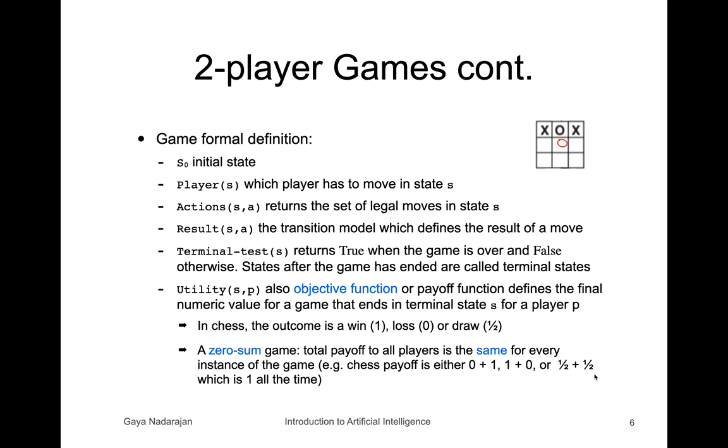That means you drew, you couldn't finish the game, you both deadlocked, and so it's half and half, which is 1 all the time. So they don't add up to 0 per se, but it's a very old term that was used for historical reasons. Maybe constant sum game might make more sense, but that's what zero sum game means.